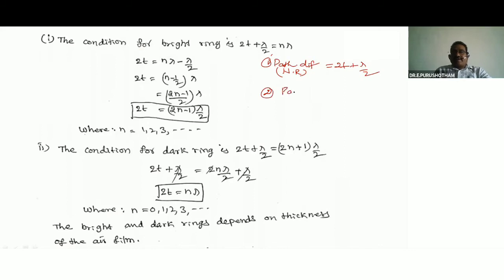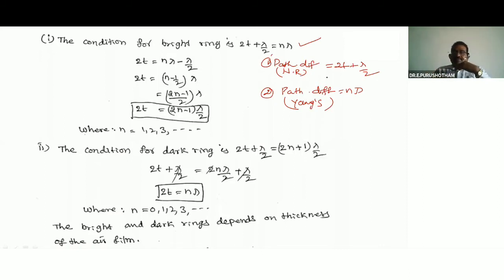The path difference equal to n lambda is from Young's double slit experiment. In Young's double slit experiment, this is the condition for maximum intensity or bright fringe. So taking both, 2t plus lambda by 2 is equal to n lambda.